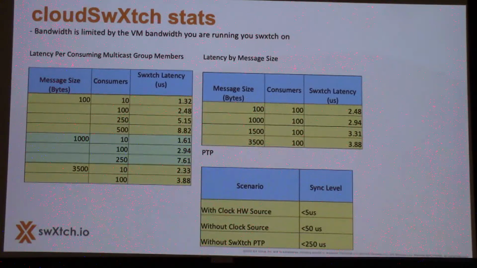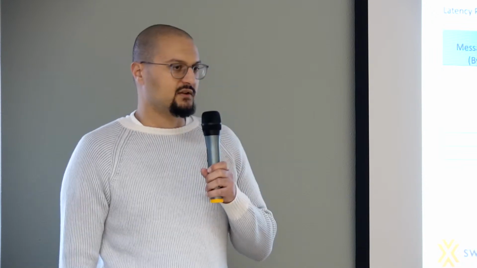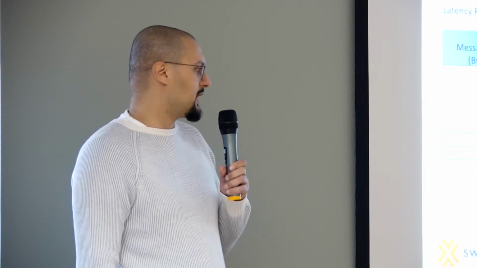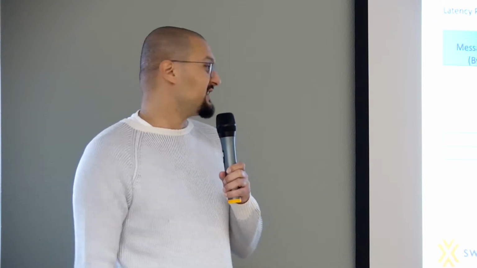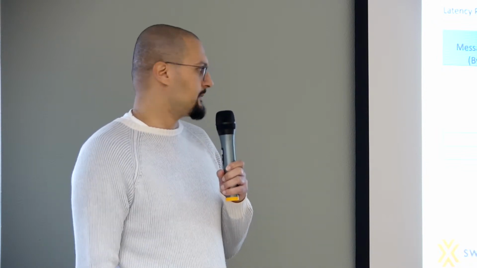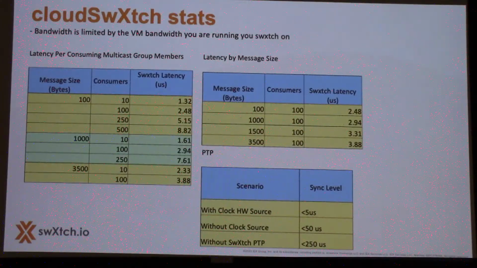In terms of latency, the latency we measured for packets going through the switch was in the single-digit microseconds. And in terms of PTP precision using CloudSwitch, if you have a clock source, we were looking at under 5 microseconds. Without a clock source, it's under 50 microseconds. And if you didn't use any of the PTP features available in CloudSwitch, then synchronization would be under 125, under 250 microseconds.